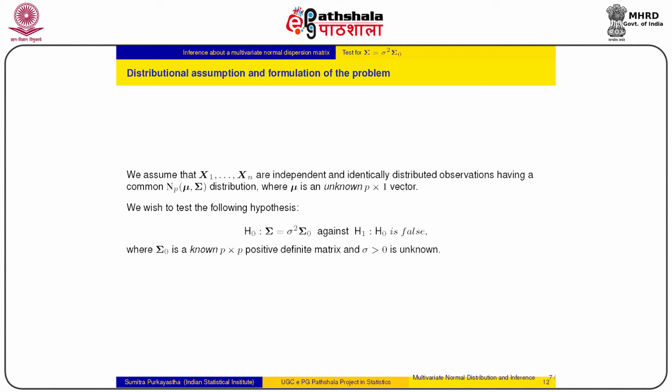We wish to test the following hypothesis: sigma is equal to sigma squared times sigma naught. We shall look at a very special case of this problem in the next lecture, but before that let's discuss the somewhat general problem. So we are testing sigma is equal to sigma squared times sigma naught against H1, the alternative, that H0 is false, where sigma naught is a known p cross p positive definite matrix and small sigma is a strictly positive unknown quantity. This is the hypothesis we are testing.